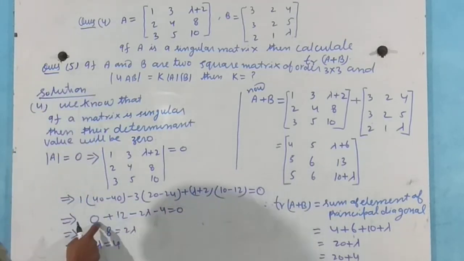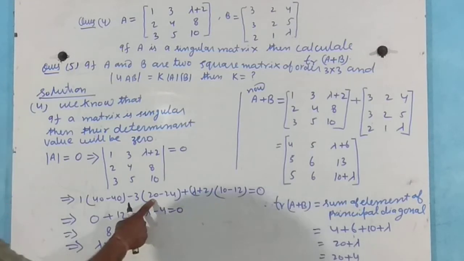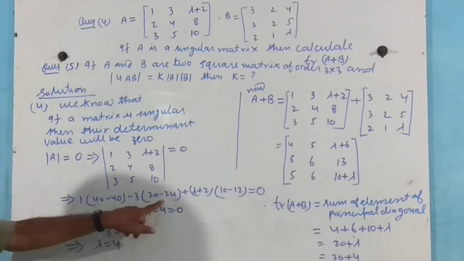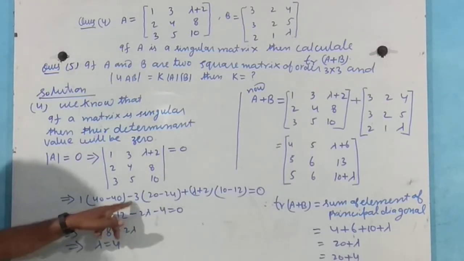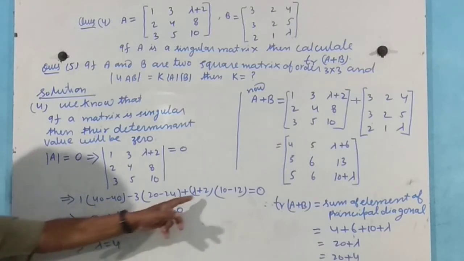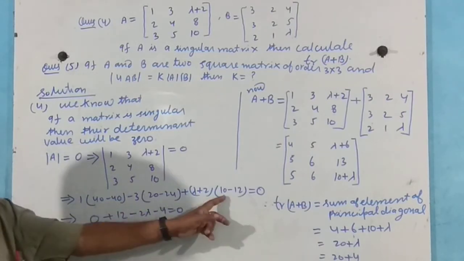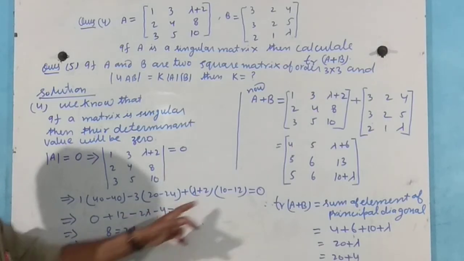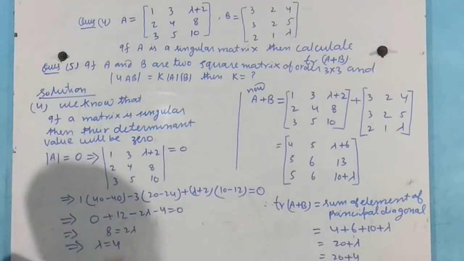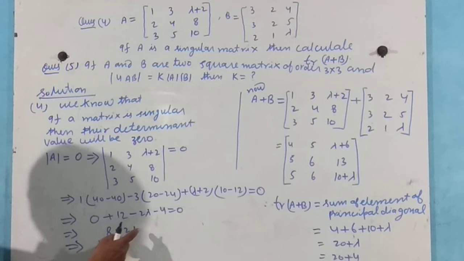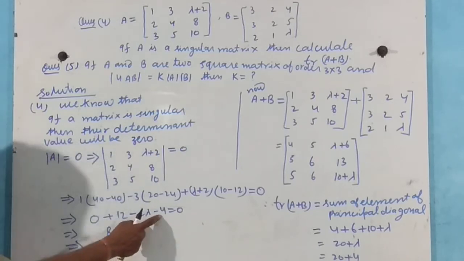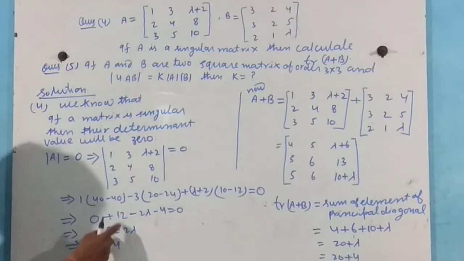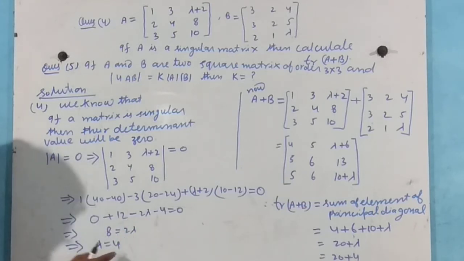Now this is 0, this is 20 minus 24, that is minus 4, so minus 3 times minus 4 is plus 12, and lambda plus 2 times minus 2 gives 10 minus 12 minus 2 lambda, so 12 minus 4 equal to 8 equal to 2 lambda, so that lambda equal to 4.